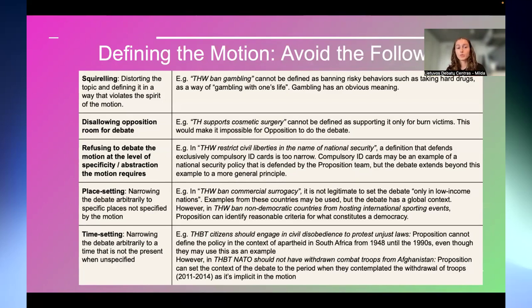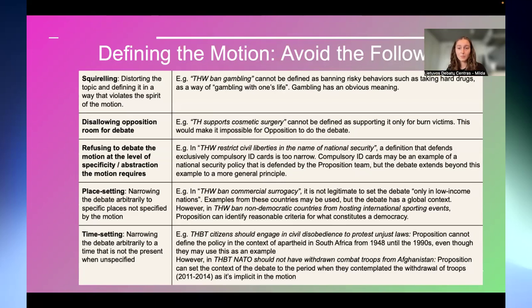Number 3, refusing to debate the motion at the level of specificity or abstraction the motion requires. Let's understand this through an example. This house would restrict civil liberties in the name of national security. A definition that defends exclusively compulsory IDs is too narrow.